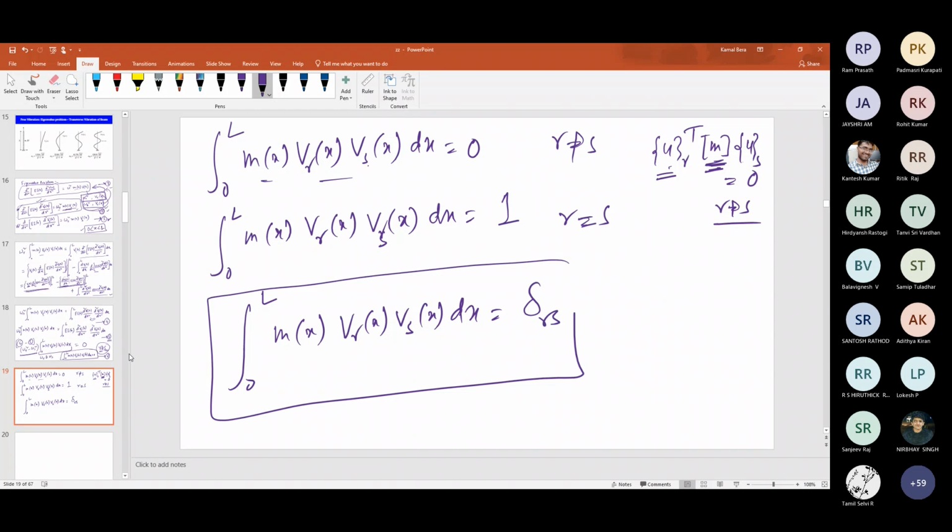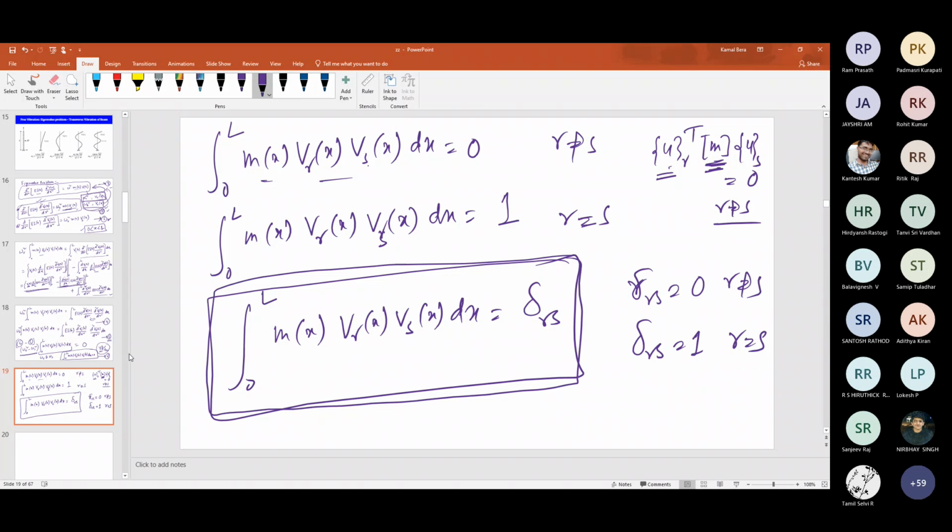That is, delta rs equals 0 if r not equal to s, and delta rs equals 1 if r equals s. Understood? Which is the same as u_r transpose M u_s equals delta rs, the Kronecker delta. So orthogonality with respect to mass is proved. Any issue here?